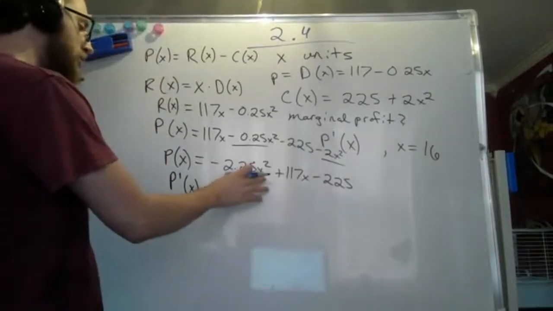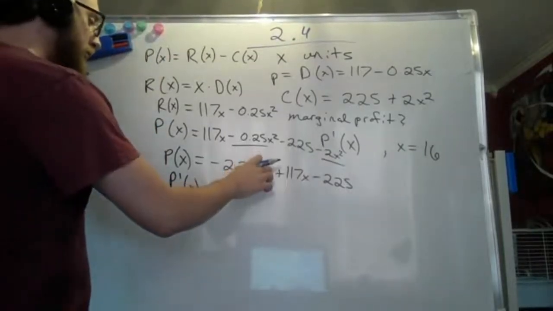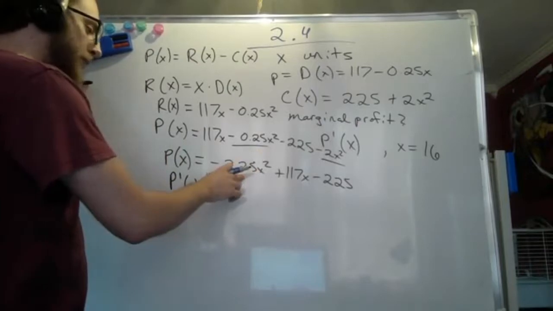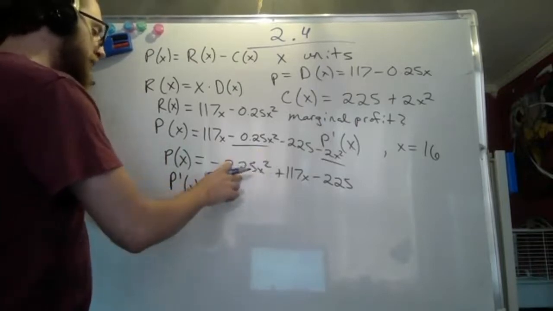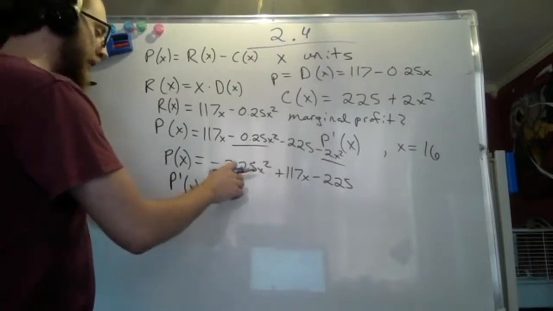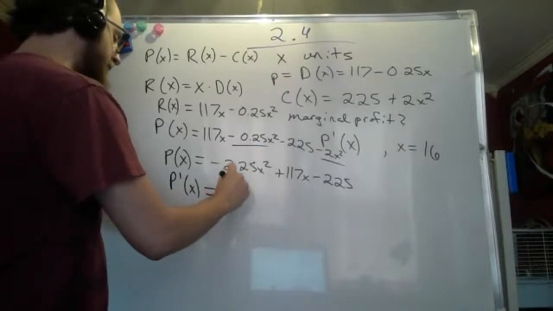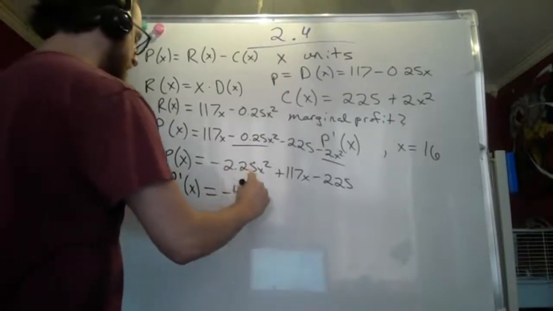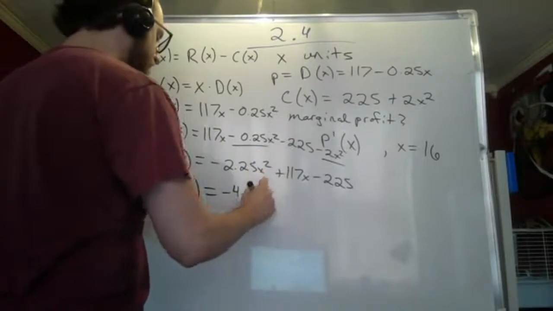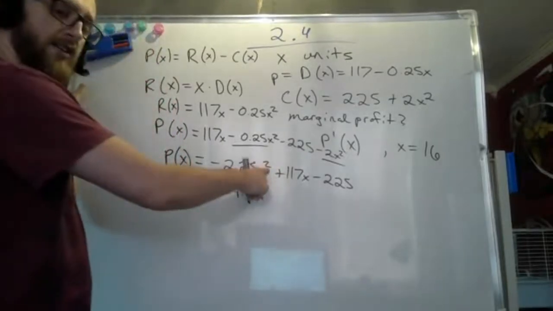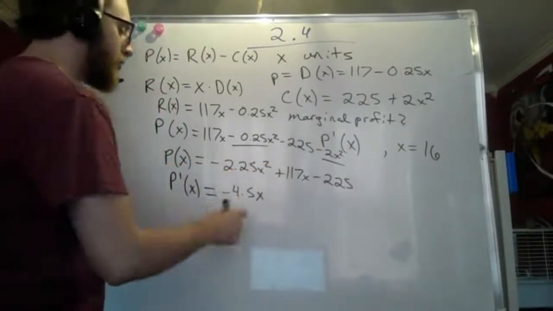So we have this first one, we're taking our power rule. So the 2 comes down and we multiply. So 2 times negative 2.25 is going to give us a negative 4.5. X raised to the power decreases by 1, so 2 minus 1 is 1.